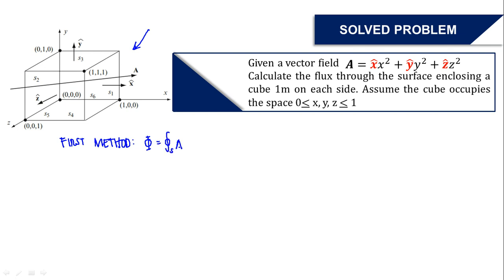Surface integral ng vector then sa surface. And for this example, meron tayong anim na surface, di ba? Kaya naman, napakahaba niyan, it is equal to the surface integral ng A dot ds sub 1 plus surface integral ng A ulit dot ds sub 2 kasi anim yung sides natin.